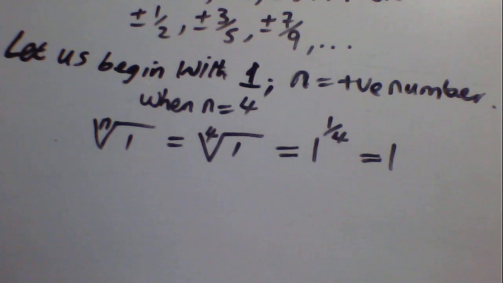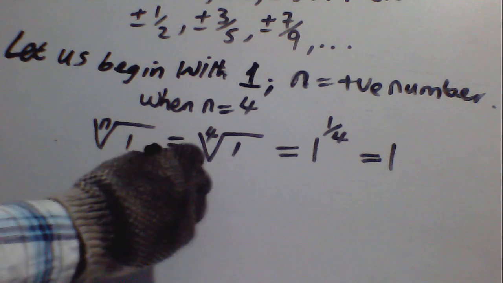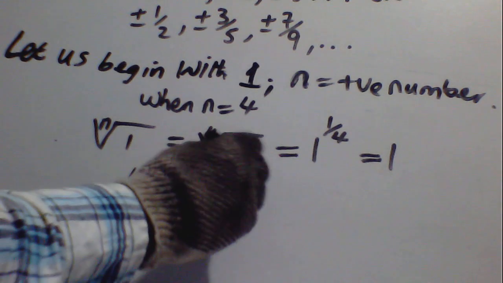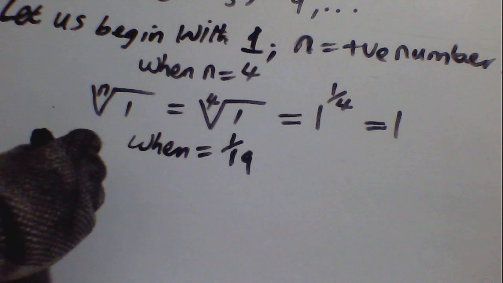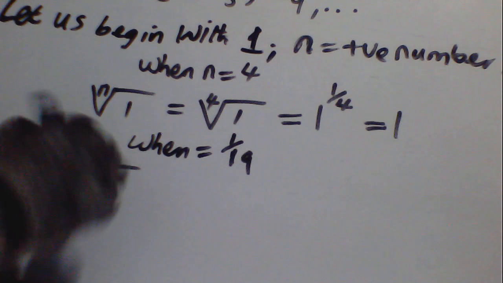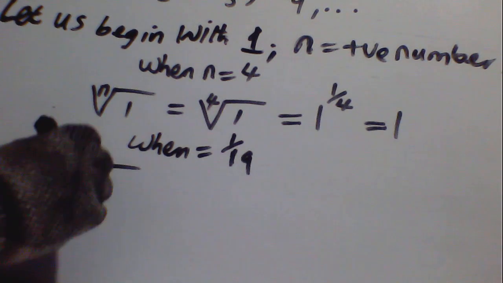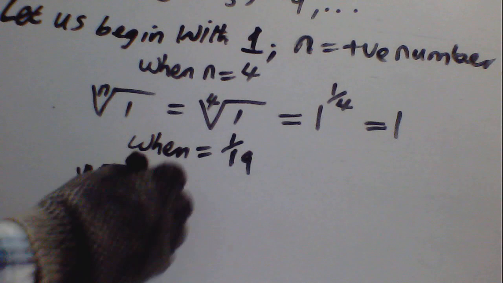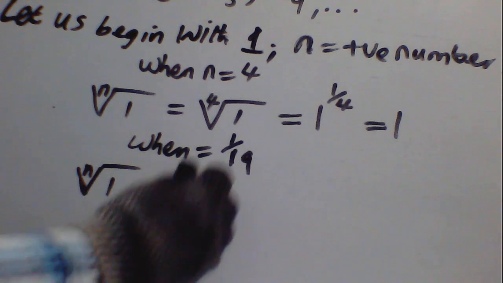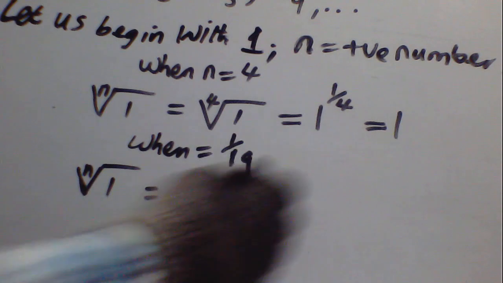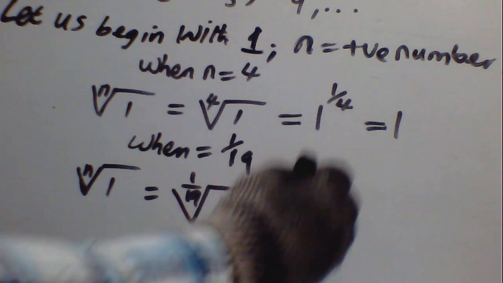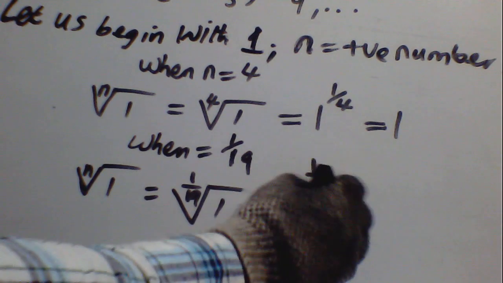So let's look at another example, when n is equal to 1 over 19. If n is equal to 1 over 19, what do you have? The nth root of 1, with 1 over 19, so you have 1 raised to the power 1 over 19.